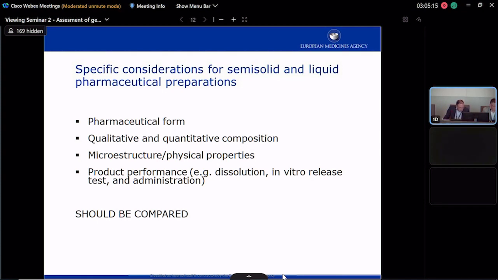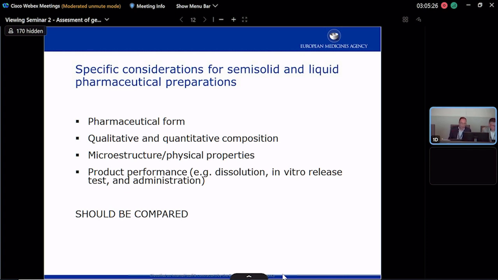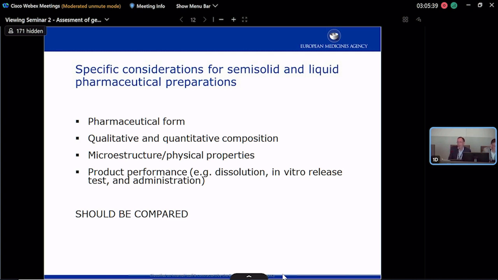Another one is what should be the approach for a generic medicinal product containing an excipient different from the reference medicinal product. According to the European legislation, the generic medicinal product can always contain different excipients, and this should be assessed according to the QWP guideline on excipients.